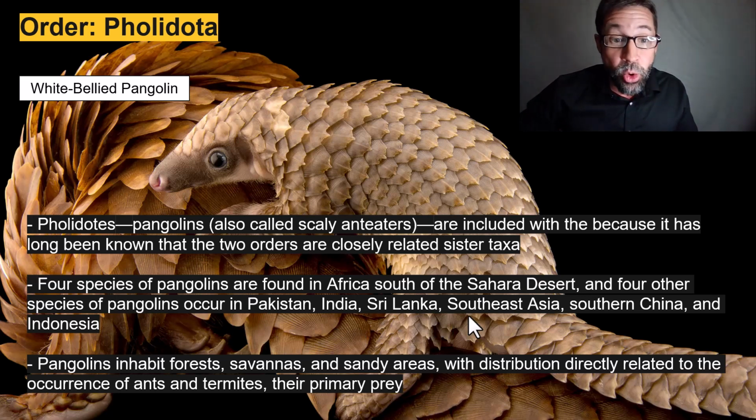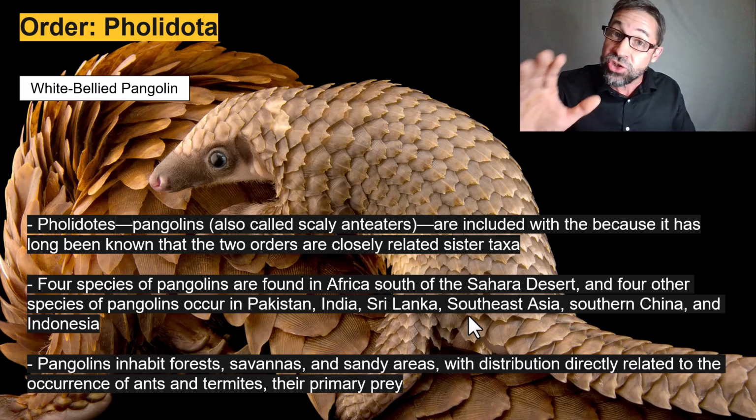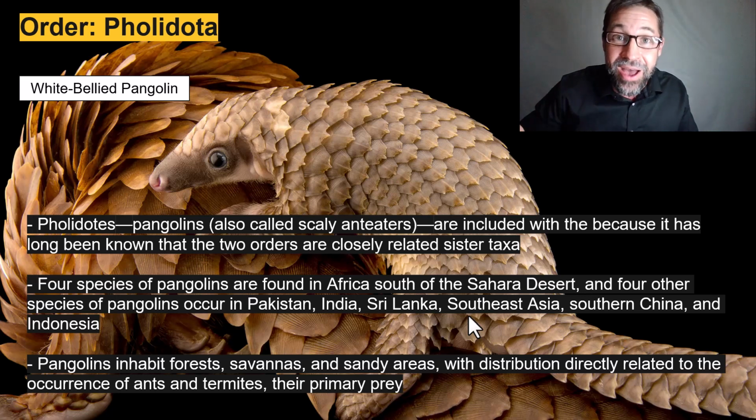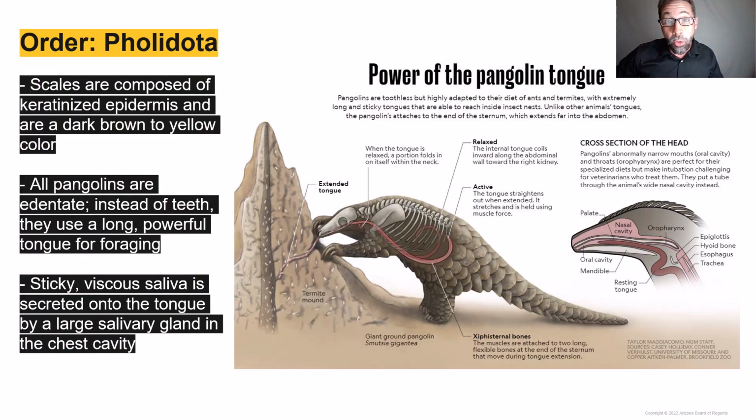Pangolins inhabit forests, savannas, sandy areas. Their distribution is closely related to the occurrence of their primary prey, ants and termites. All pangolins lack teeth. Instead of having teeth, they use long, powerful tongues to forage inside of termite mounds.